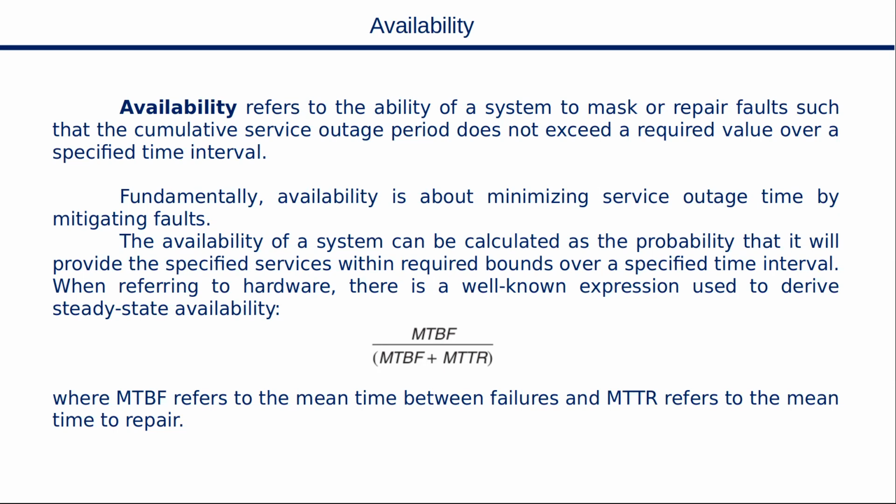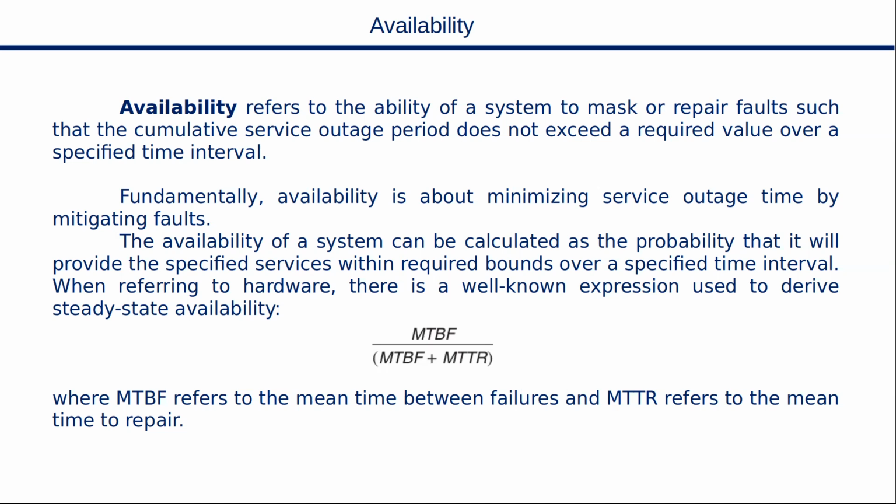The availability of the system can be calculated as the probability that it will provide the specified service within required bounds over a specified time interval. This is one of the quite well-known expressions used to calculate steady state availability.